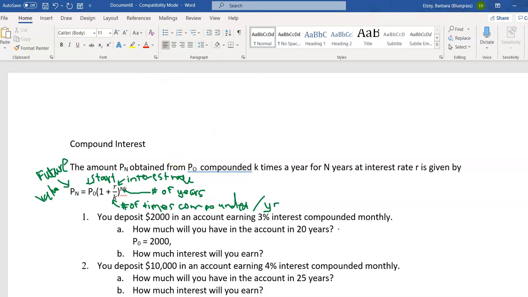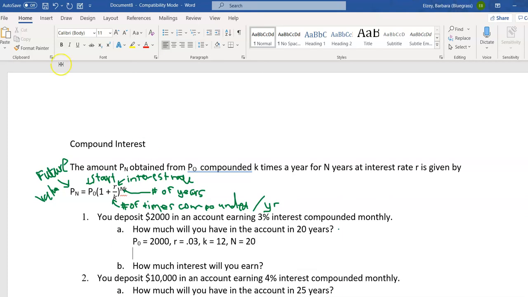The 3% interest is our interest rate, so that's R, but we always change it into a decimal by moving it 2 places backward. Compounded monthly. Now, if we think about monthly, that's 12 times per year. So our K is 12. And then our capital N, the number of years, is 20 years.